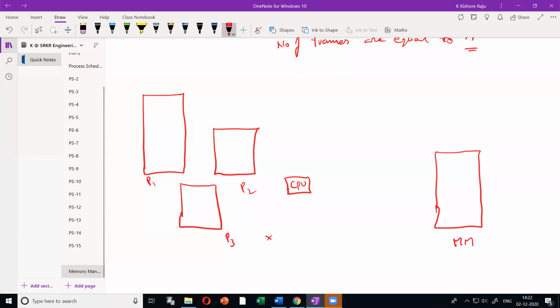So what may be the concept? What is the alternative? Can anybody tell? Yes, divide the main memory first.